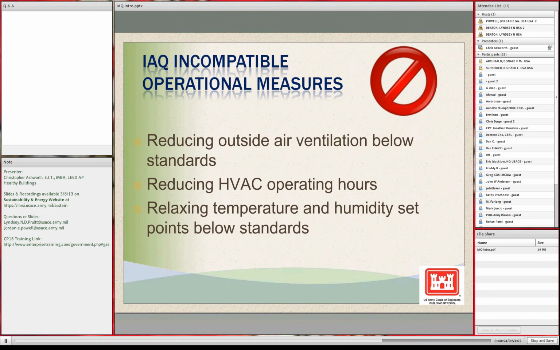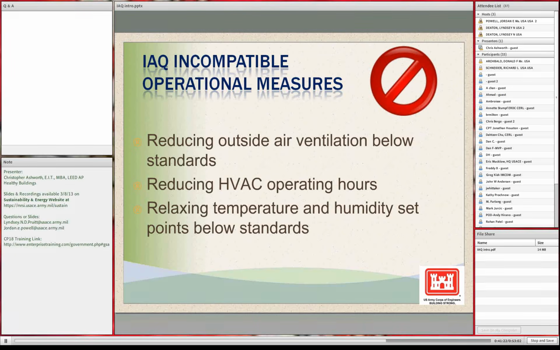And sometimes there's a perception out there when designing or building a building, or managing a building, that indoor air quality is totally incompatible with operational measures, etc. So you want to reduce the outside air below standards, or reduce the HVAC runtime. And studies have shown there's a loss in productivity, so you don't see the benefit there for the worker, the employee.